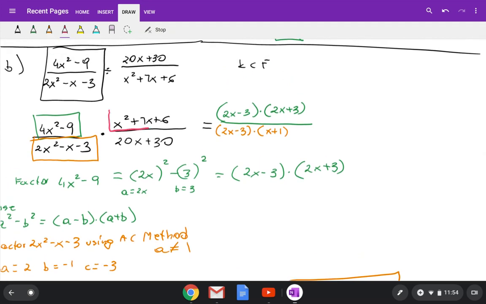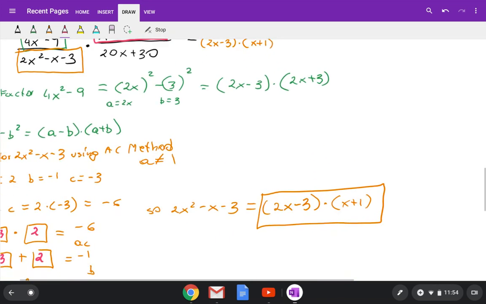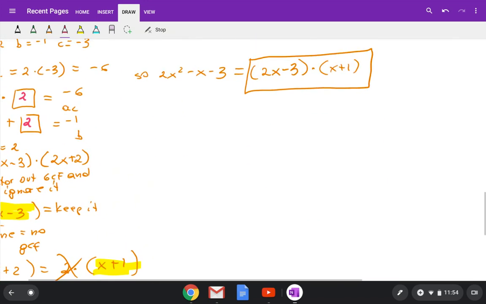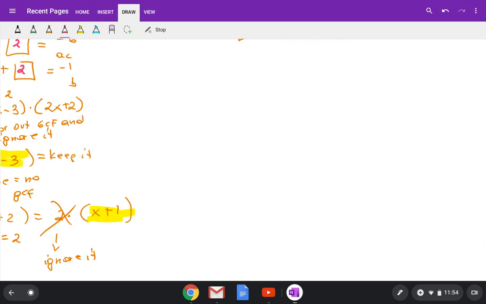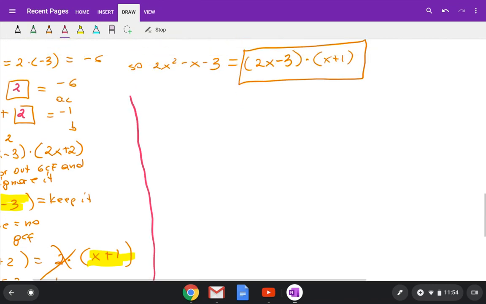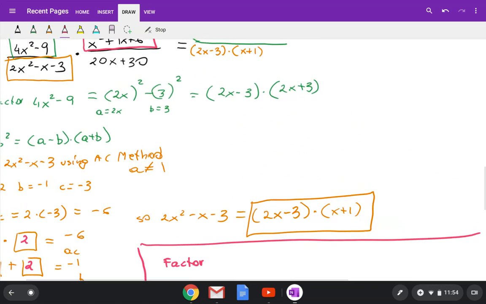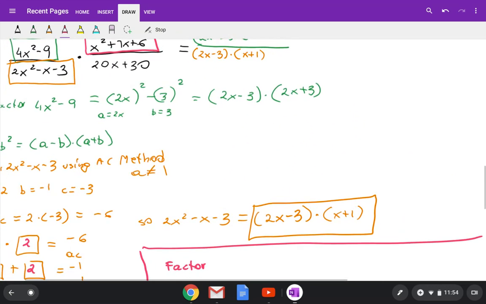We need to factor the quadratic expression x squared plus 7x plus 6. Okay, so let me show work for this one here. So factor x squared plus 7x plus 6.